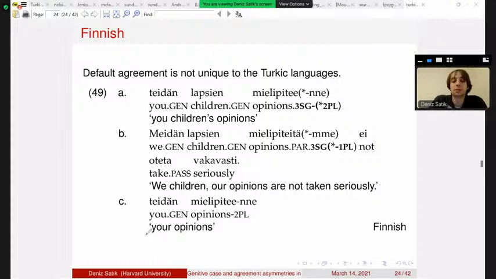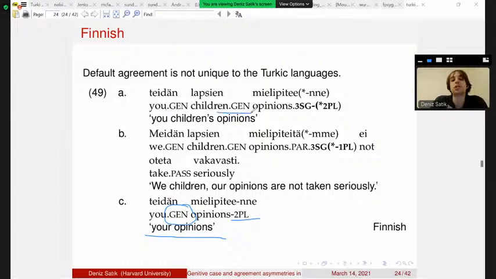In Finnish, for example, in a generic construction like this, you have genitive case on the possessor, and then on the head noun you have the second person plural agreement marking. It's just like Turkish. But when you have an adnominal pronoun, like you children's opinions, ignore the genitive case here. I think Finnish has genitive case percolation. Let's put that aside.